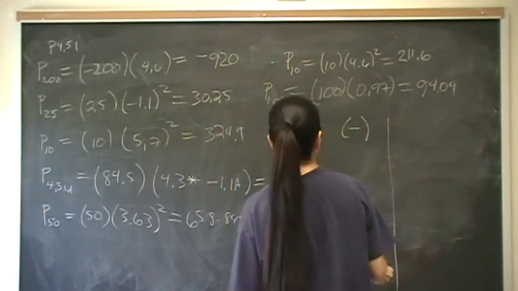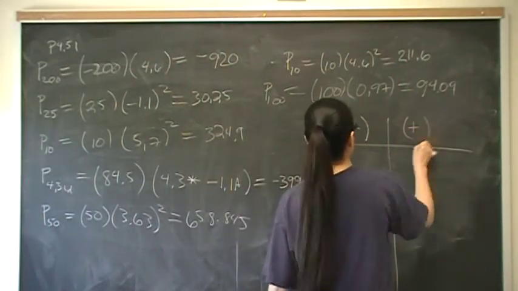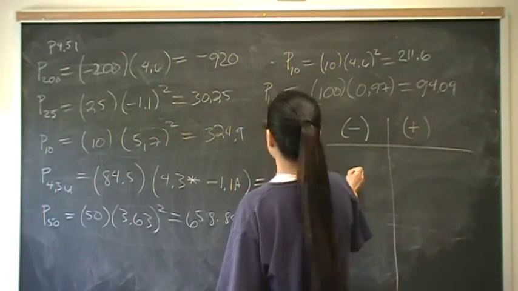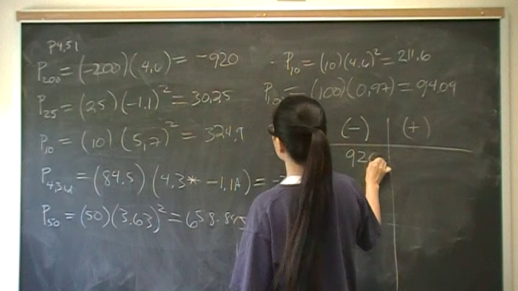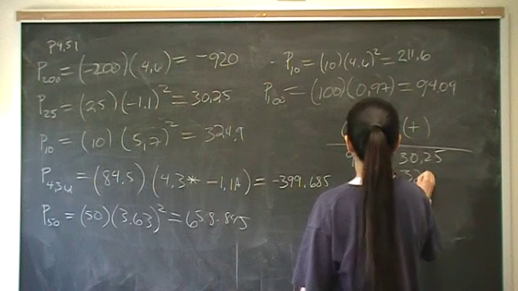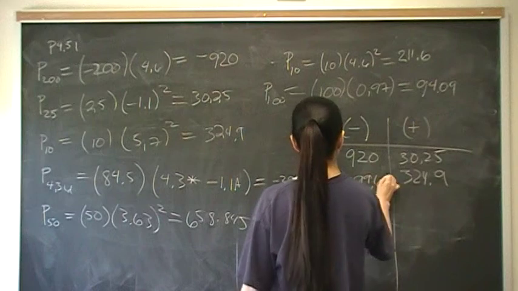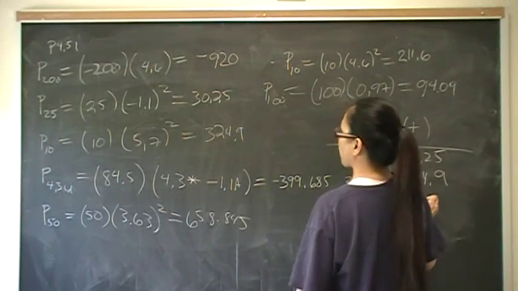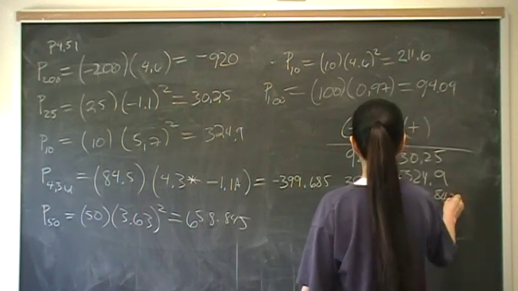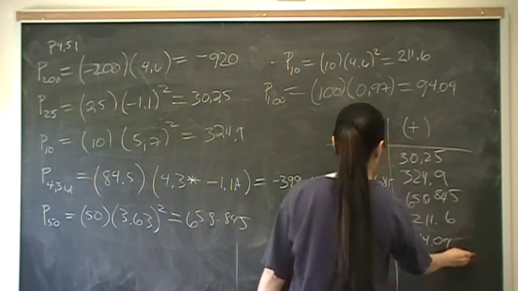Okay, so now we're going to make a table. Negative power is power developed by a circuit element. Positive power is power dissipated by a circuit element. So let's do some accounting. The first circuit element has negative 920, so we're going to put 920 here. 30.25, 324.9, and then 399.685, and 658.845, 211.6, 94.09.